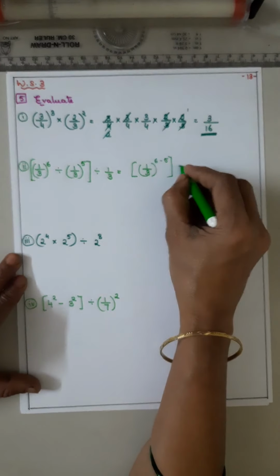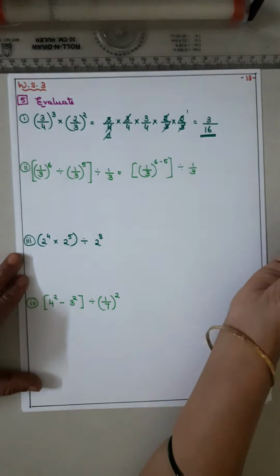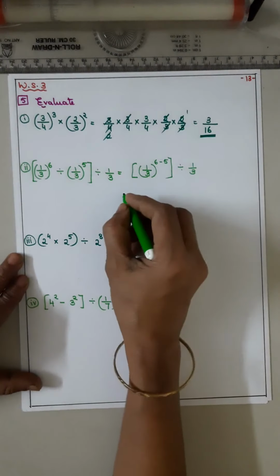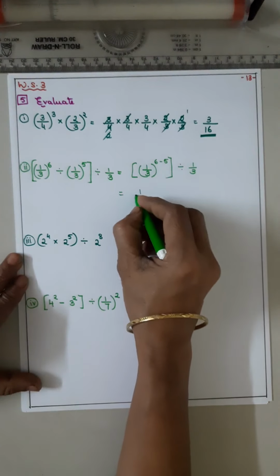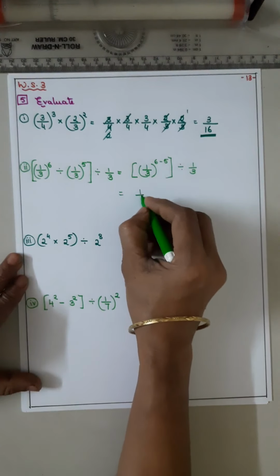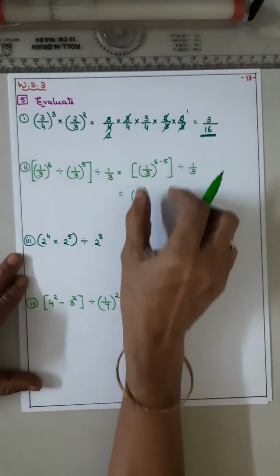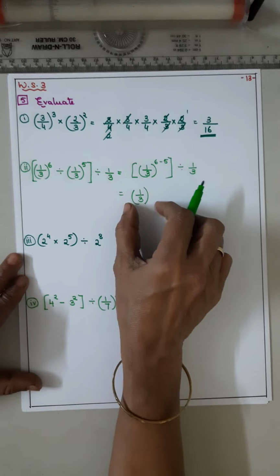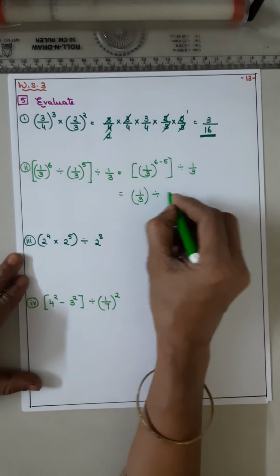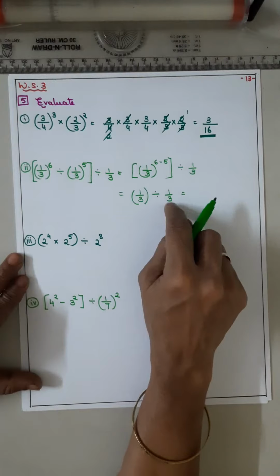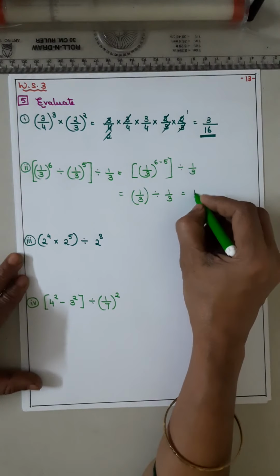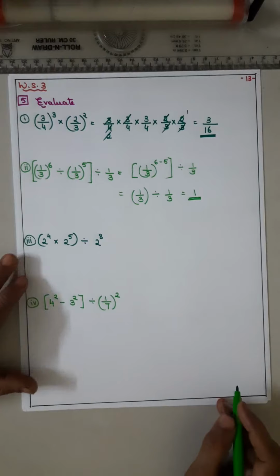What is there outside? Divide by 1 by 3, write as it is. Now this one becomes 1 by 3, since 6 minus 5 is 1. So no need of writing. Now 1 by 3 divided by 1 by 3: the same rational number is divided by the same one. So the answer is 1.